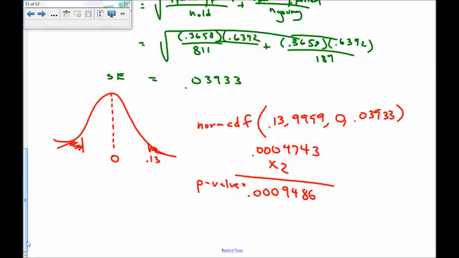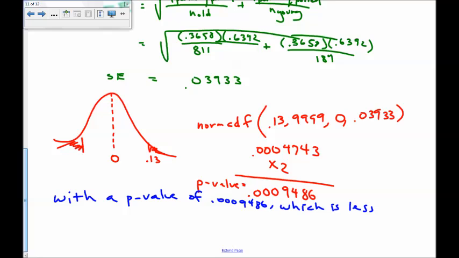So the next thing that we do is we state the conclusion in context, and it goes like this. With a p-value of 0.0009486, which is less than alpha, which is equal to 0.05.